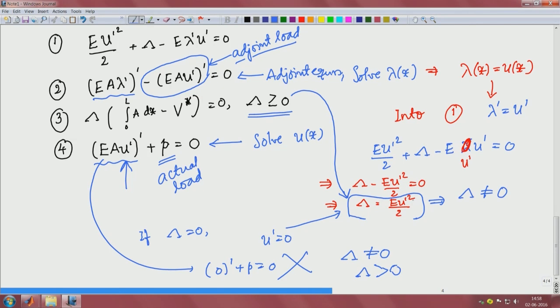Anyway, whatever u prime is, u prime square is lambda, and it is easy to see that this lambda is positive. You also see u prime is a function of x, but lambda is a constant.